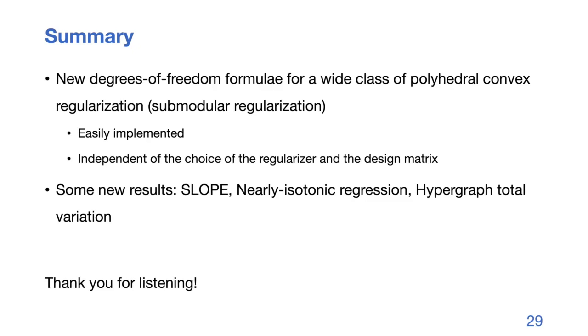The formula is easily implemented because we just count the number of distinct values in the solution. The formula is also independent of the choice of the underlying structure of the regularization function or the design matrix. And this formula contains some new results, for example, slope, nearly-isotonic regression, hypergraph total variation, and so on. Okay. So that's it. Thank you for listening.